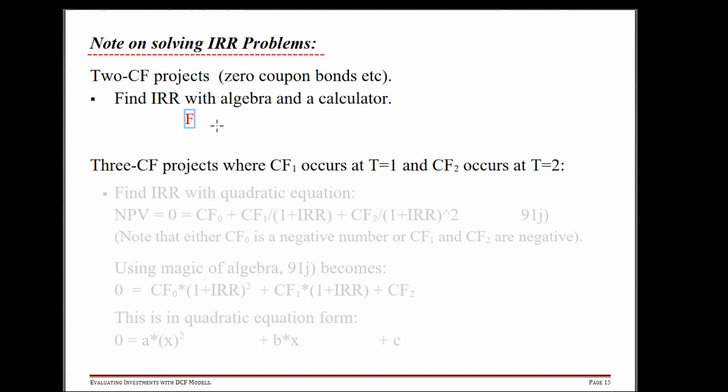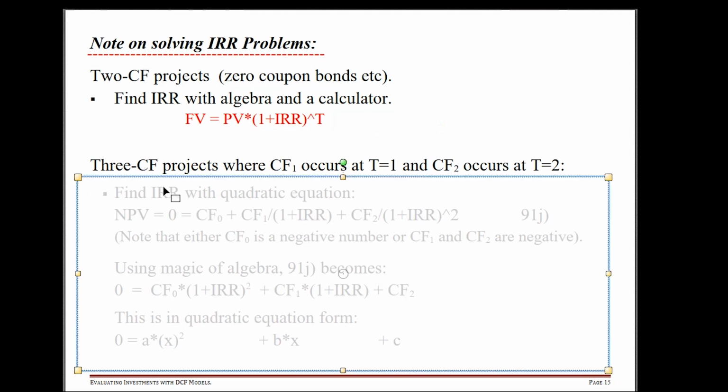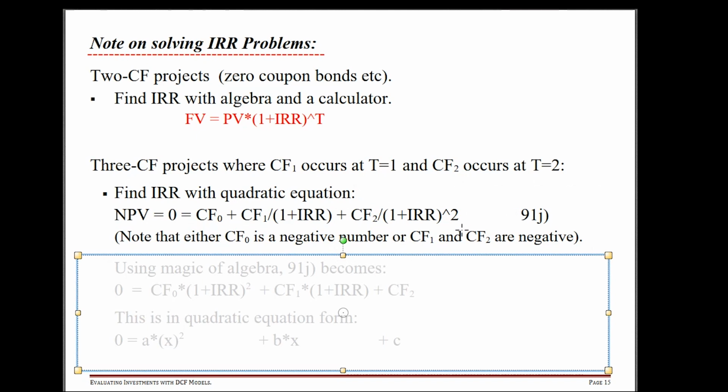You just go back to FV equals PV times, you know the story, 1 plus R, we could say IRR, raised to the T, and you can do the algebra and solve for the IRR. If we have a 3 cash flow project where cash flow 1 occurs at t equals 1, cash flow 2 occurs at t equals 2, and cash flow 0, of course, happens at t equals 0, we can find the IRR with the quadratic equation.